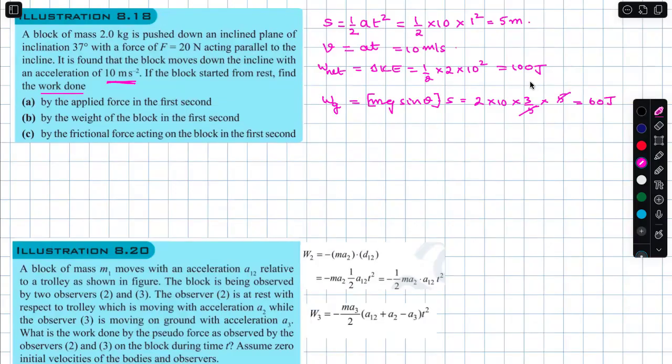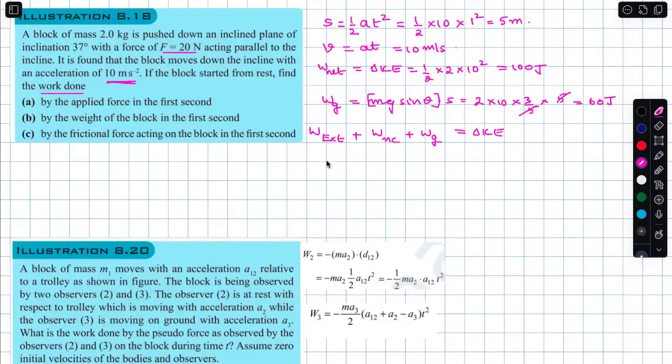Now the work done by the frictional force acting on the block in the first second. The external force is 20 newtons. The work energy theorem states that the work done by the external force, plus the work done by a non-conservative force, plus the work done by the conservative force, here the gravitational force, is the change in kinetic energy. You are clearly aware of that.